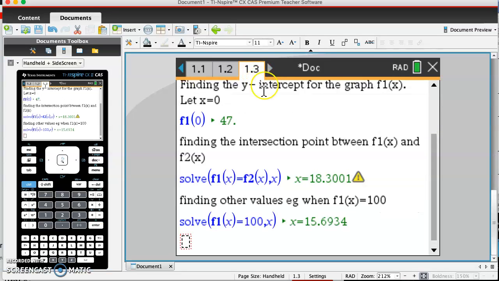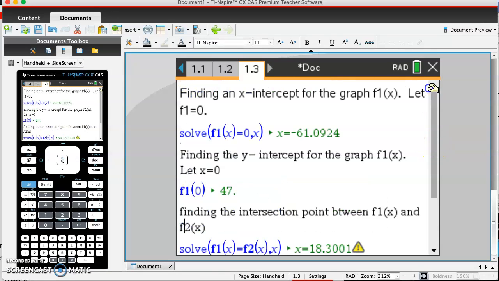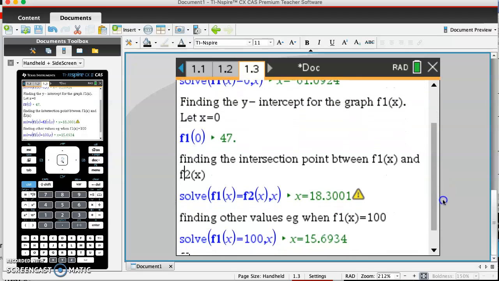So, summary of what you can do is, if you want to find the x-intercept for a graph, say function number 1, we want to let that function equal 0, we hit solve for the function equals 0, and it tells us the x-coordinate. If we want to find the y-intercept, that's where we want to let the x value be 0.